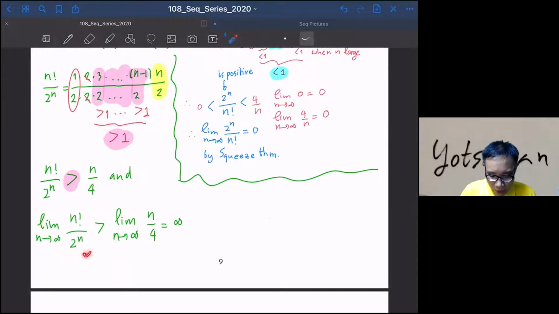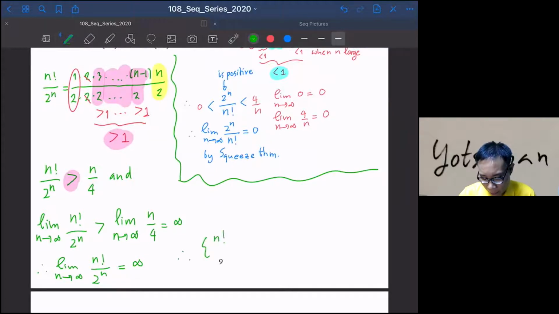So this limit is more than infinity. So you can say that the limit as n goes to infinity of n factorial over 2 to the n is infinity, and the sequence n factorial over 2 to the n turns out to be divergent.